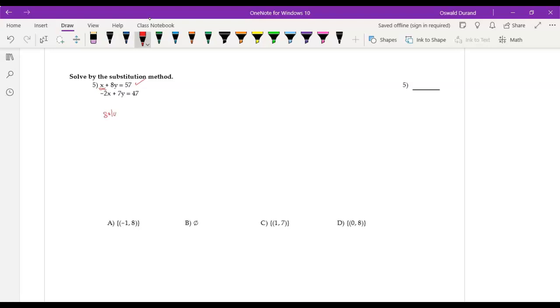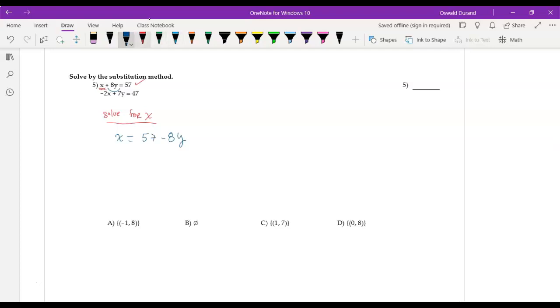Okay, moving on. So here we need to solve equation 1 for x. I need to move the plus 8y to the right side, so I'm gonna have x equal to 57 minus 8y, right? So that's my first step.